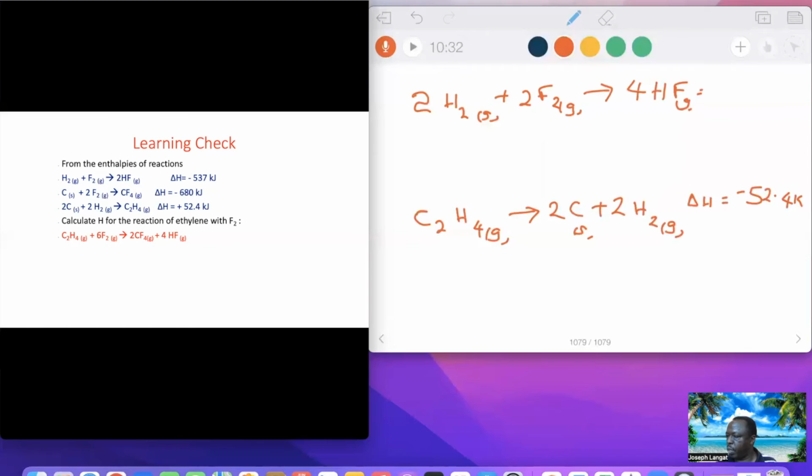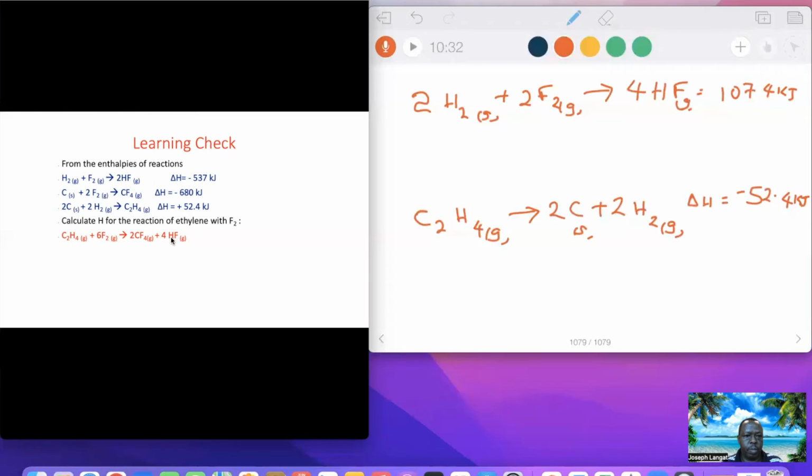I have here 1074 kilojoules. The reason why I multiply that by 2 is I'm looking at equation 1 and asking myself, how will I end up with this?